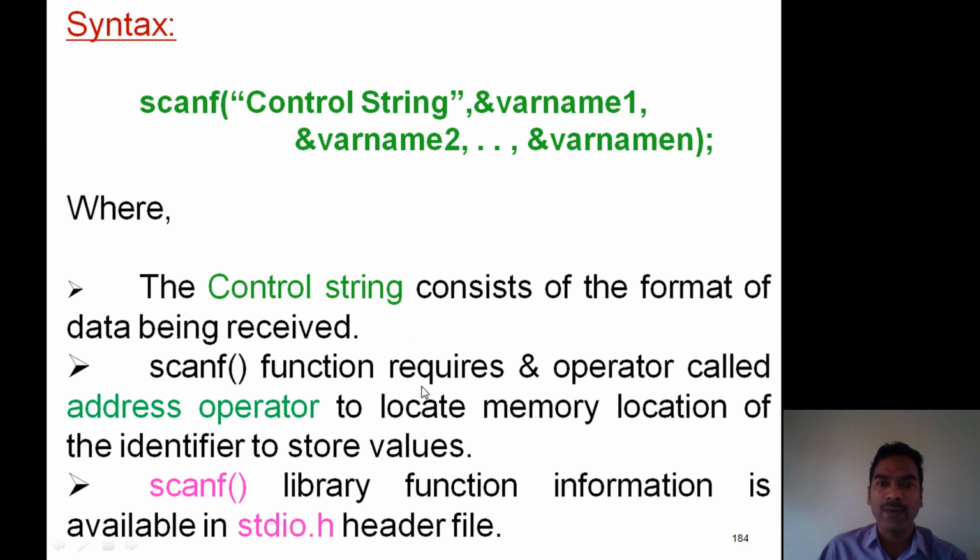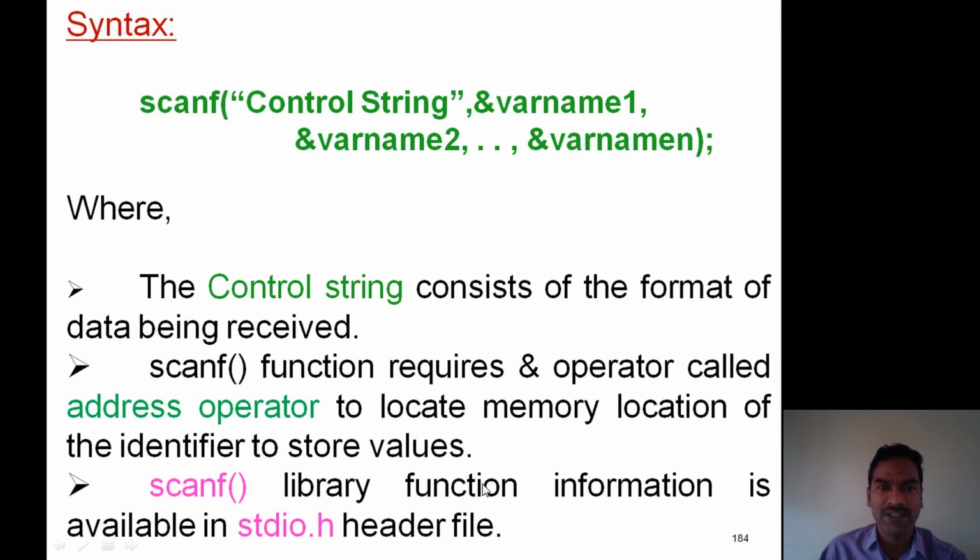The scanf function requires the ampersand operator, which is known as the address operator. This address operator is used to locate the memory location of the identifiers. Once the data is read from the keyboard, the data is stored into the appropriate variables with the help of the address operator.